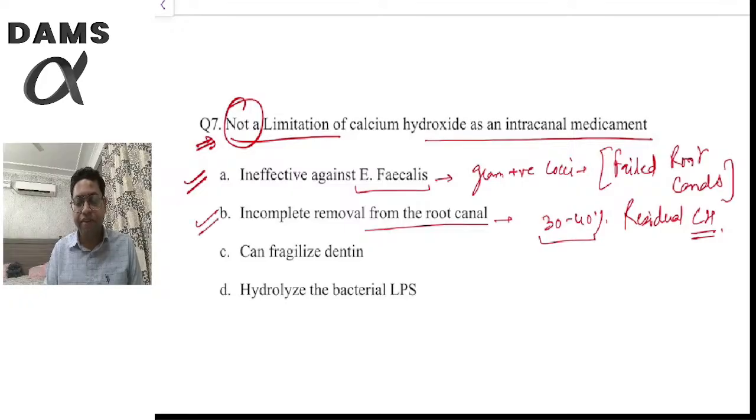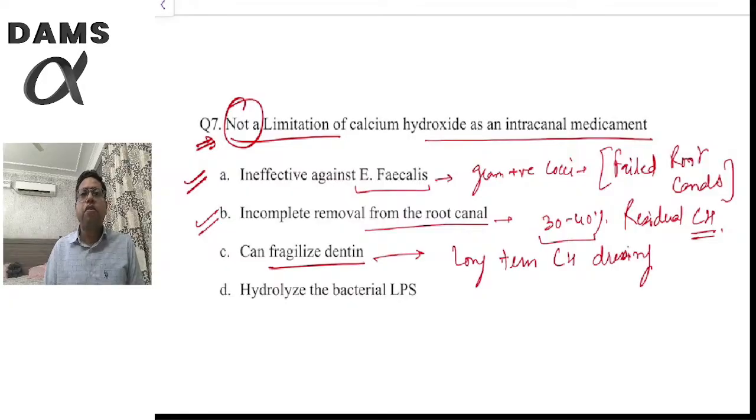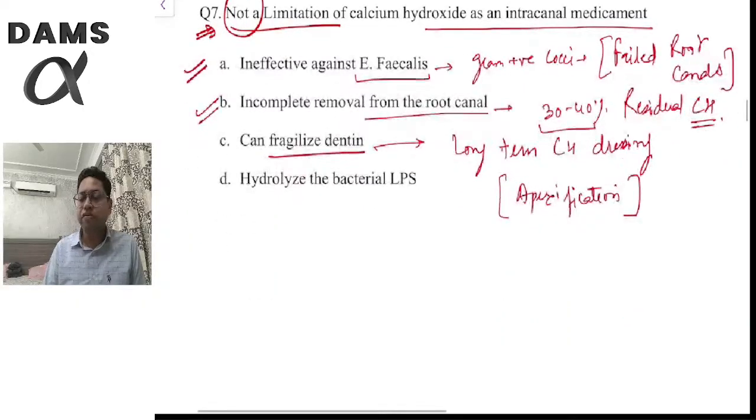Option B. It can fragilize the dentine. Yes. Long-term calcium hydroxide dressing for cases of apexification. We all know that the traditional method of doing apexification has been calcium hydroxide for the long term. For cases of avulsion, to prevent root resorption, we give calcium hydroxide dressings.